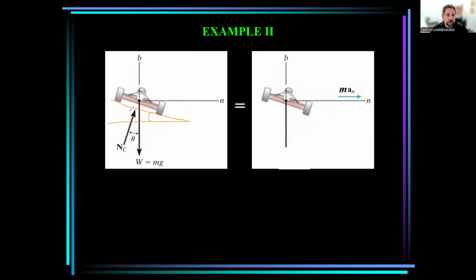That's our theta. But our normal also changed that same amount from being straight up and down to now some amount out. So as we change that banking angle, our normal force is moving out at that same angle.